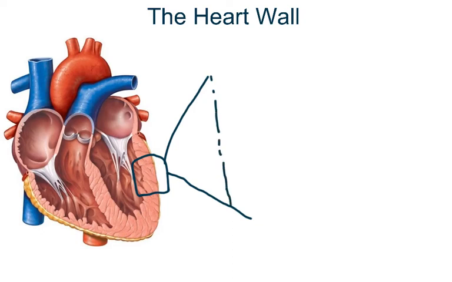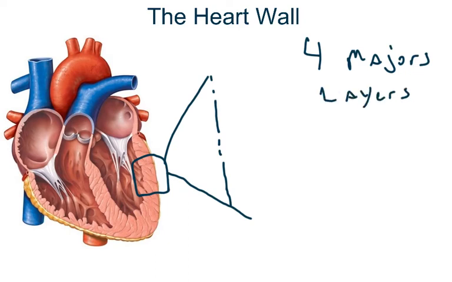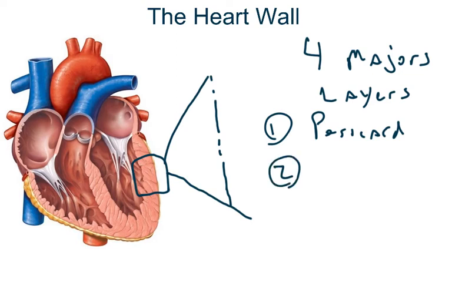The heart wall itself contains four major layers. And you need to know these. The first is going to be the pericardium. The second is the epicardium.